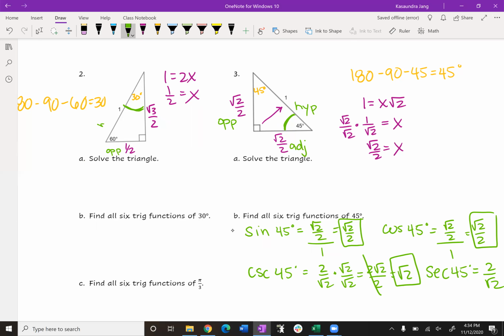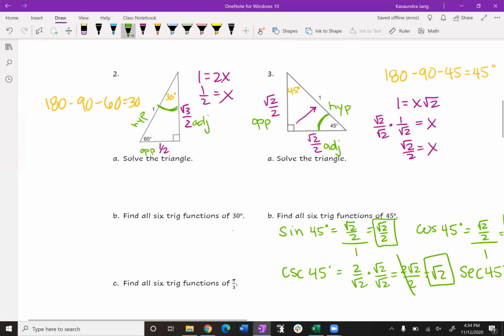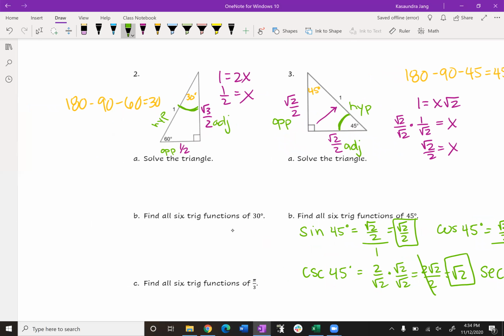The hypotenuse is a 1. And adjacent to the 30 degrees is root 3 over 2. So I'll start this over here. My sine of 30 degrees is opposite over hypotenuse. So it'll be a 1/2 divided by 1. Do I really need to divide by 1? No, I'll just leave it as 1/2.